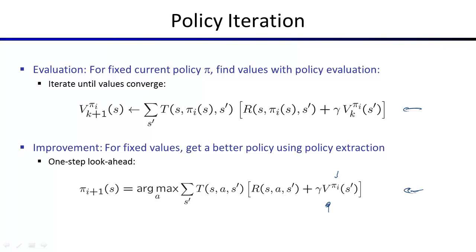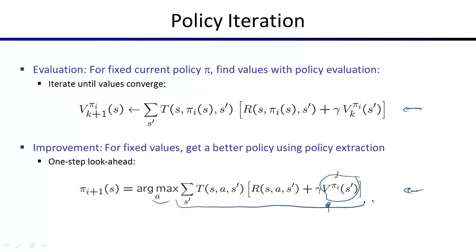Well, here's the intuition. If you were to always act according to the policy pi i, you would get the value V pi i of s prime from state s prime onwards, on expectation. Now, if at the current time, instead of just blindly following the policy pi i, you say, well, at the current time, I'm going to look at all my options, check what the expected utility would be if I first take action a, followed by then always executing according to the policy pi i.